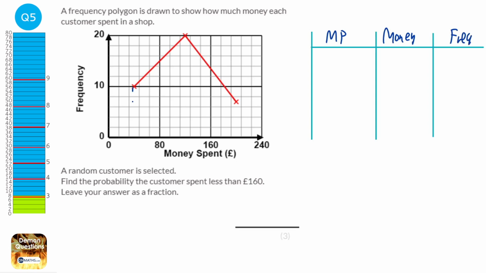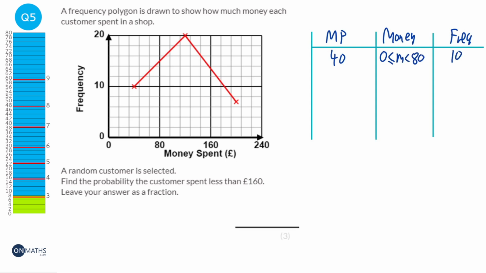So the first midpoint is at 40, and we can see that that was in this group here. So that is 0, and I'm just going to use M for money, 0 to 80. And the frequency is how high it is, which is 10.